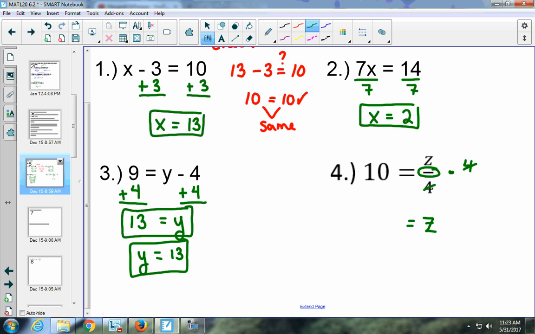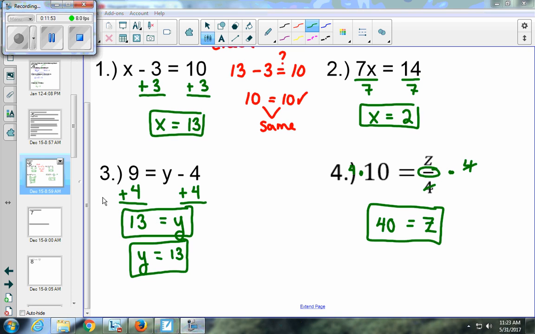But remember with equations, whatever we do to one side, we must do to the other side. So I'll multiply by 4. And 4 times 10 is 40. So z equals 40. That was our review of keywords, combining like terms, and solving equations.